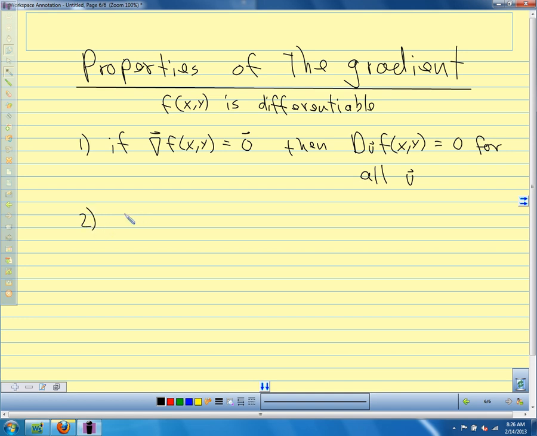The next one is a very important one. The direction of the maximum increase in f is given by the gradient.